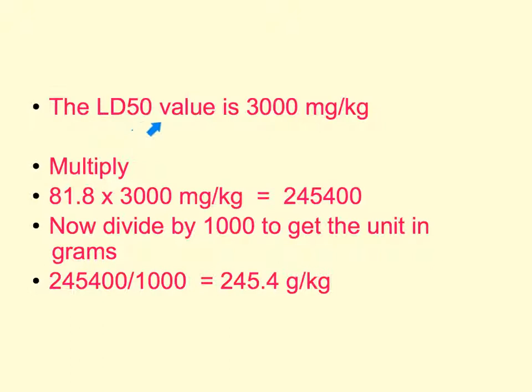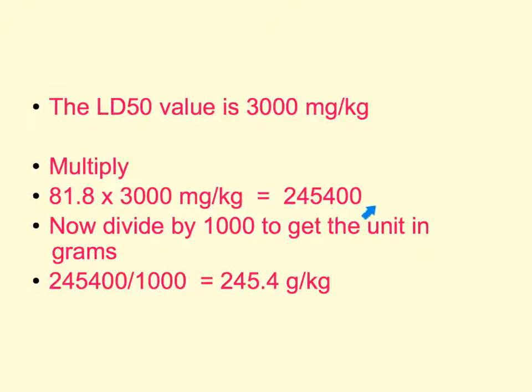So we have our LD50 value of sodium chloride as being 3,000 milligrams per kilogram from our previous chart. We will take our mass of our individual in kilograms, multiply it times our LD50 value. We will get an answer of 245,400. Now we need to get this out of milligrams per kilogram and into grams per kilogram.